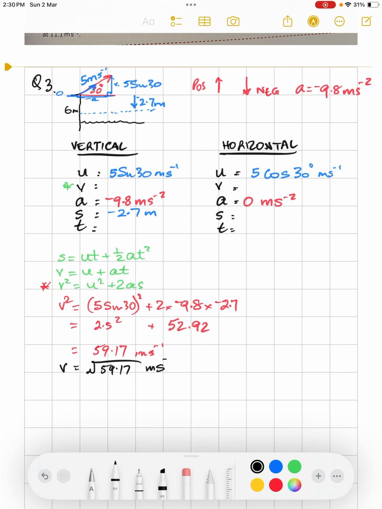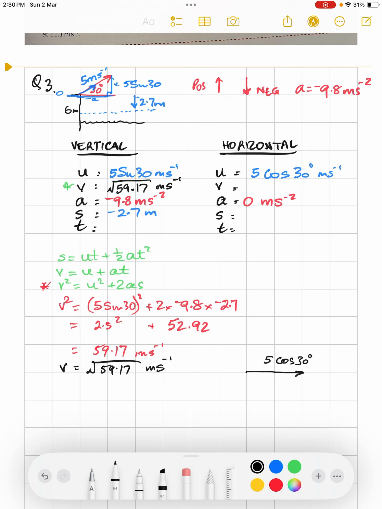Let's put that here and we'll just call it the square root of 59.17 meters per second. And we already know our horizontal velocity is 5 cos 30, that doesn't change.